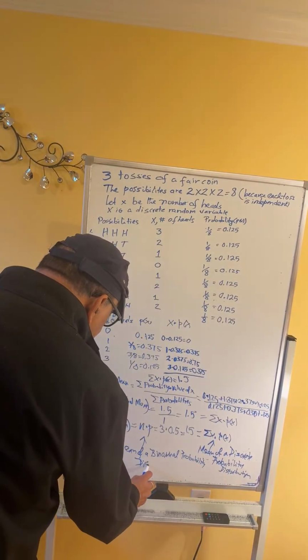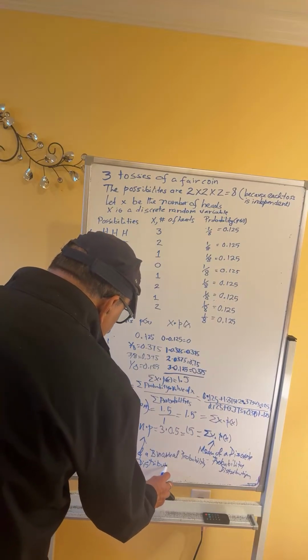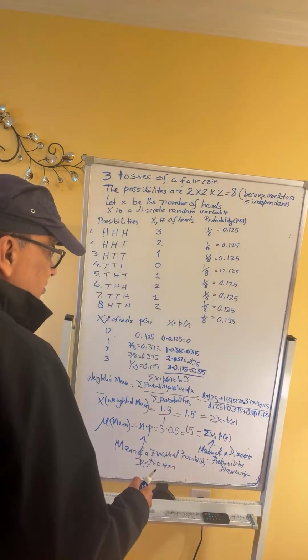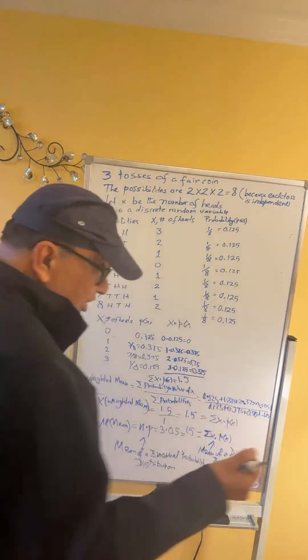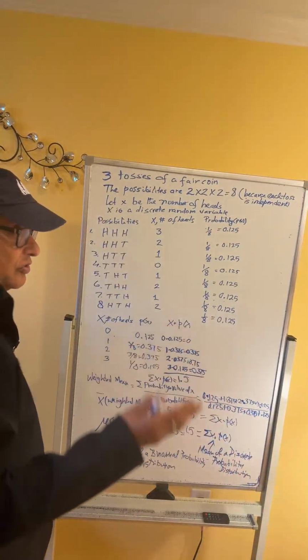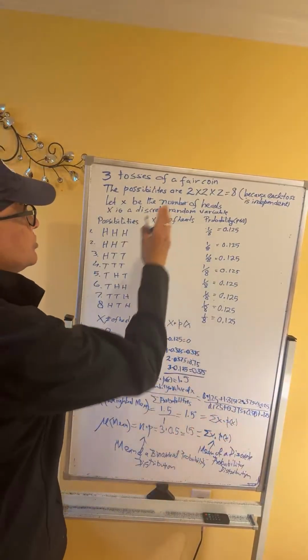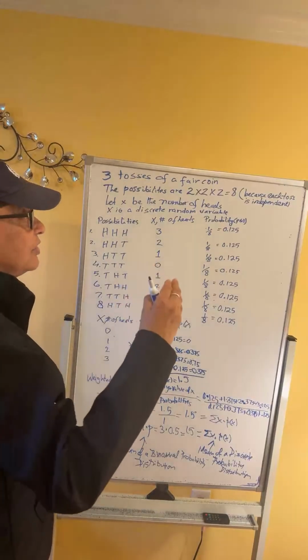So what did we learn today? What we learned today is a binomial probability distribution is a discrete probability distribution. Here, for example, we are tossing a fair coin, that means same weight on both sides, 3 times. And each time we toss a coin, there are 2 possibilities. Either you can get a head face up or tail face up.